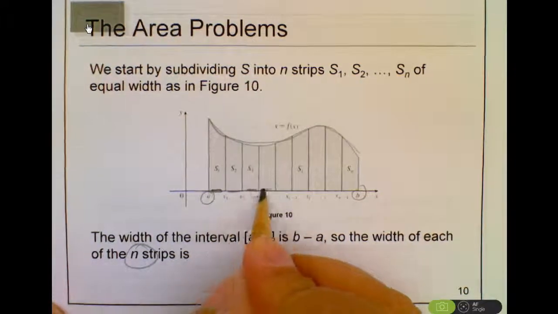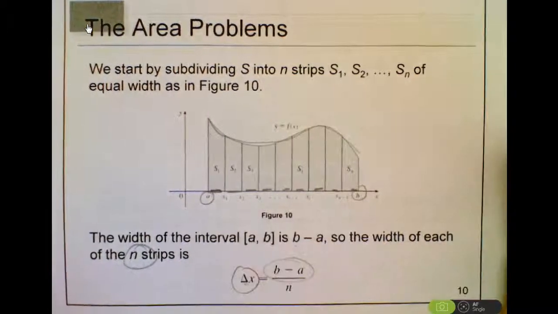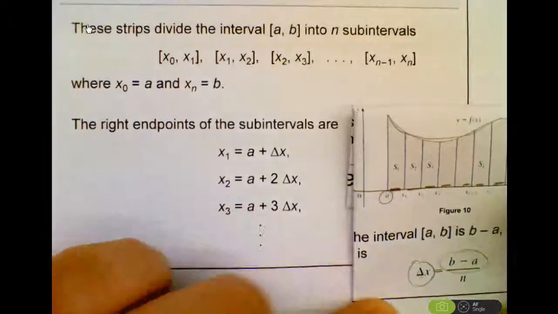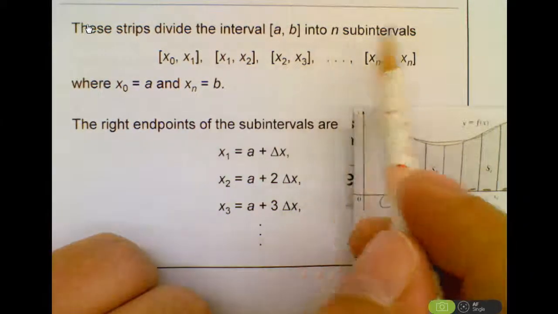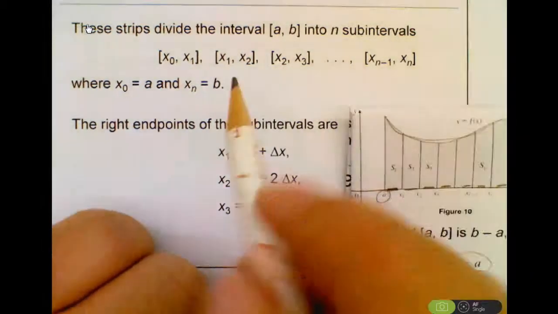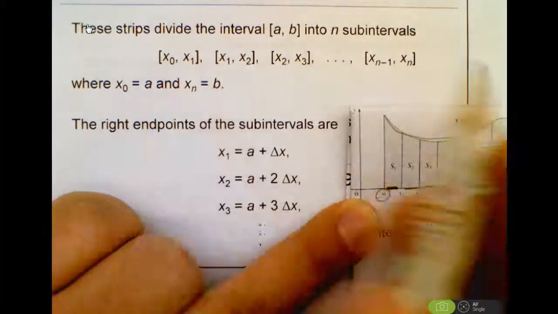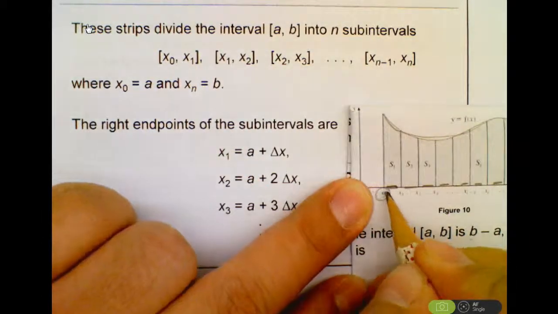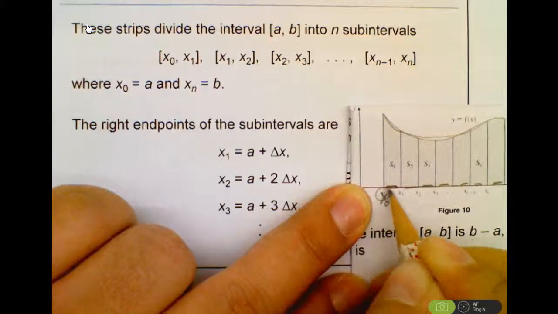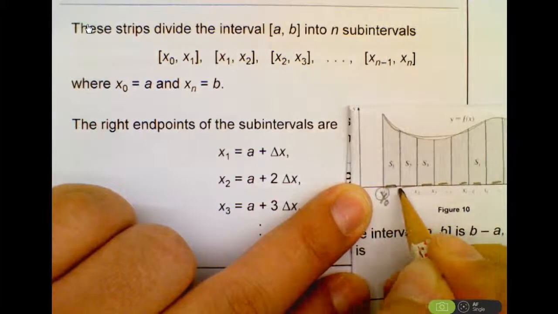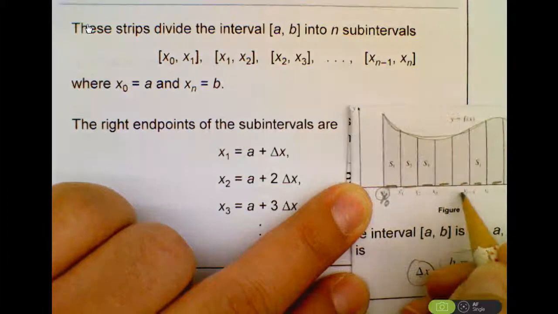That's the space in between each height. That's the base of the rectangle. Then it says the strips divide the interval AB into n subintervals, which means they are smaller intervals than the original one. So the intervals are going to be called between x sub 0, the initial x, and x sub 1, between x sub 1 and x sub 2, between x sub 2 and x sub 3, and so on.